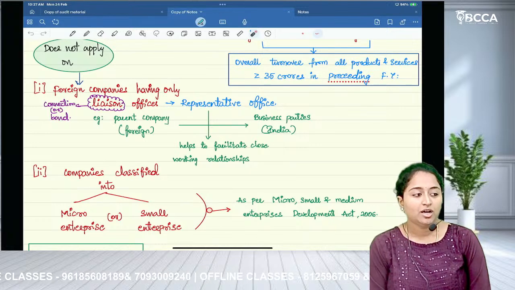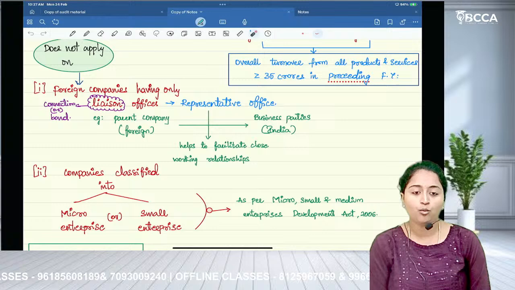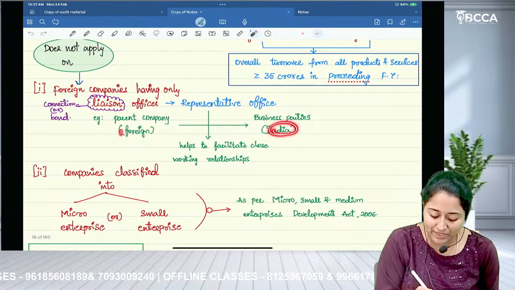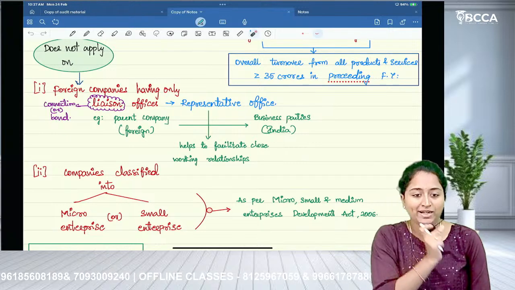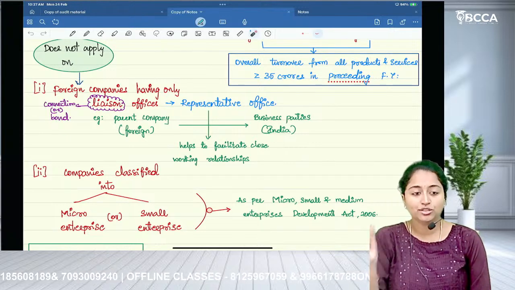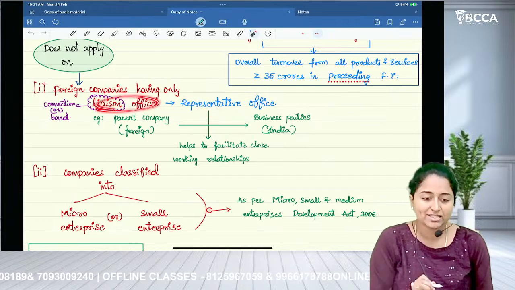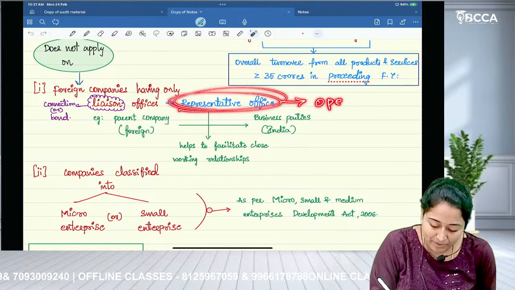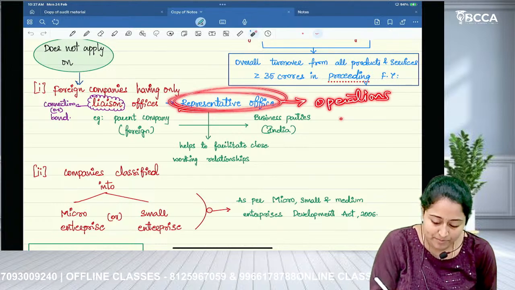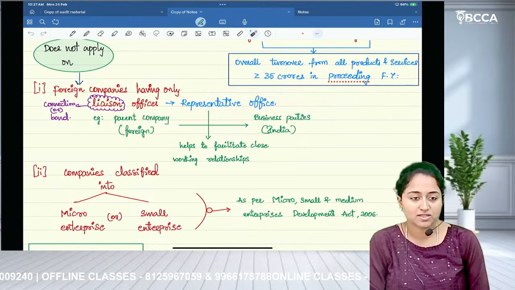But whatever the information or materials, whatever work has to be done between India and the foreign company, there needs to be some mediator to handle both the companies, isn't it? So that mediator will be this representative office which is called a liaison office. Now in this liaison office, operations will not be done, business will not be done. There will be no profit, no loss.